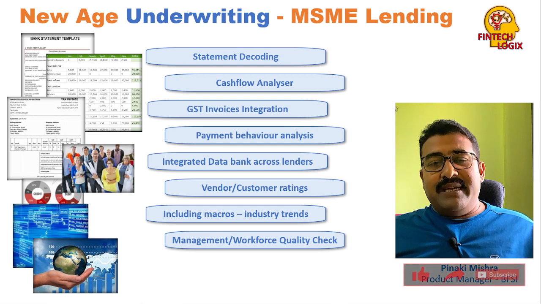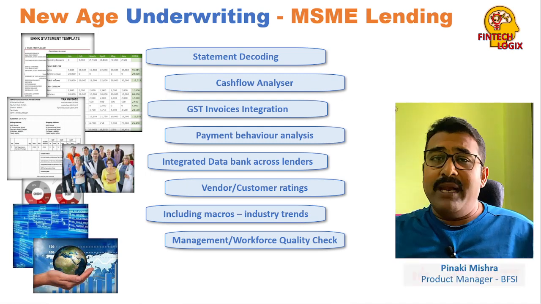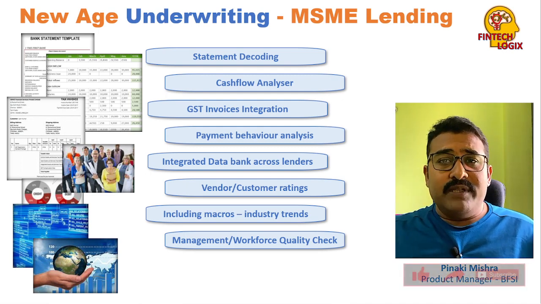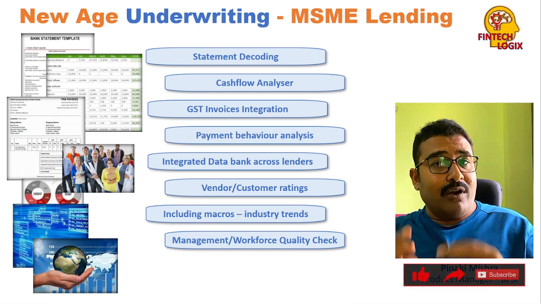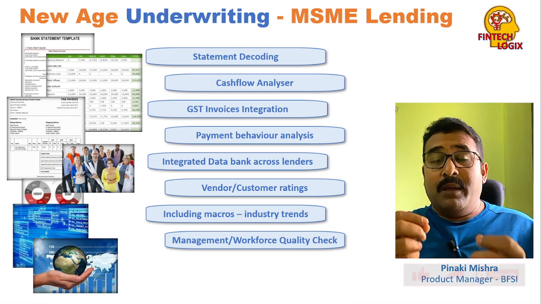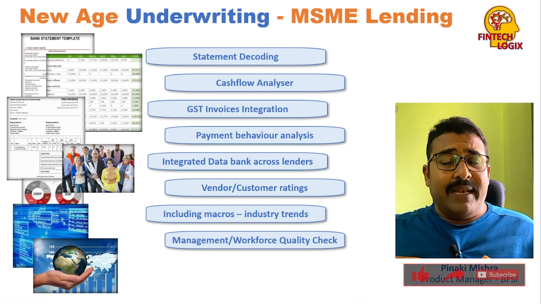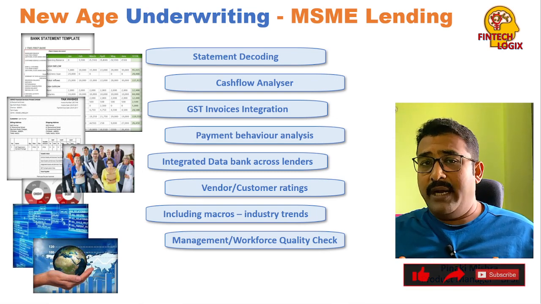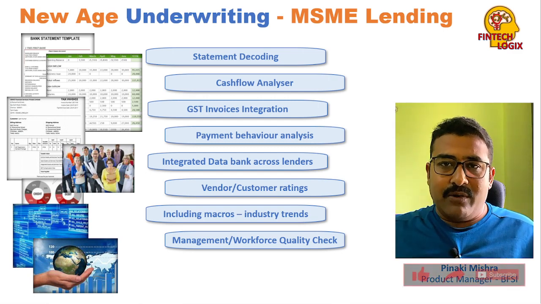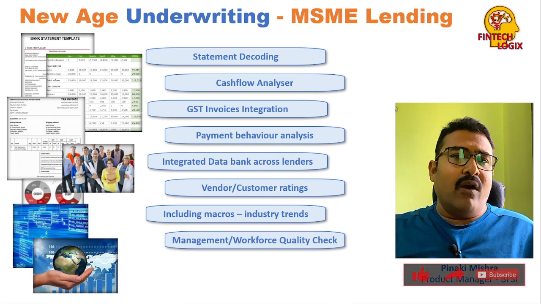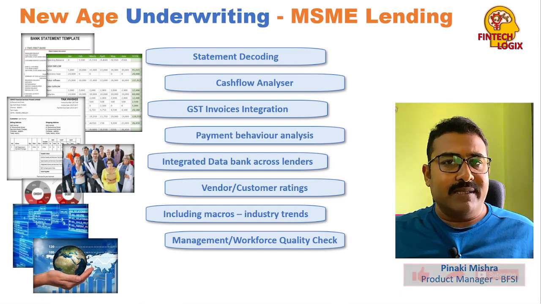The next one is regarding management and workforce quality check. Normally, though there have been a lot of provisions to distinguish SCP and SCNP, I have talked about that in a separate video, but for now, let's take it this way: if we can analyze the workforce quality and the promoters' quality for a business, especially for a micro segment business, then the reliability factor increases a lot and it helps lenders in making better decisions.